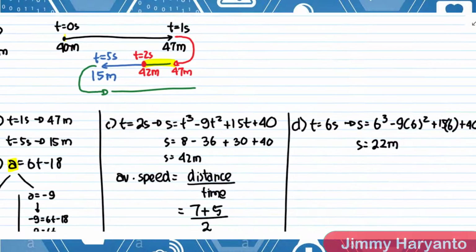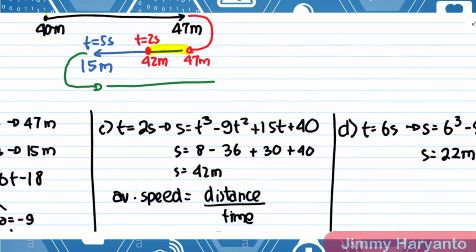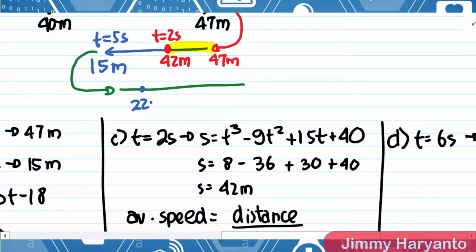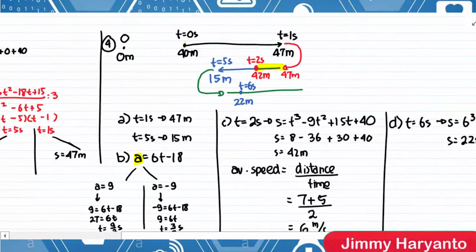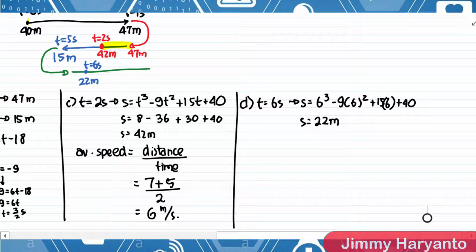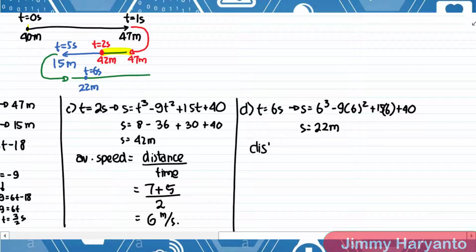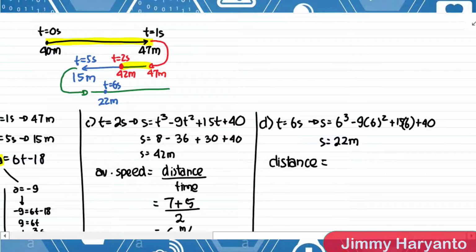So the object when the time is 6 seconds is at 22 meters. It's right here, 22 meters. The time is 6 seconds. And the question wants you to find the total distance traveled, not from O. So the total distance traveled will be, for the first motion, it's already covered 7 meters, and for the second motion it covers from 47 to 15.